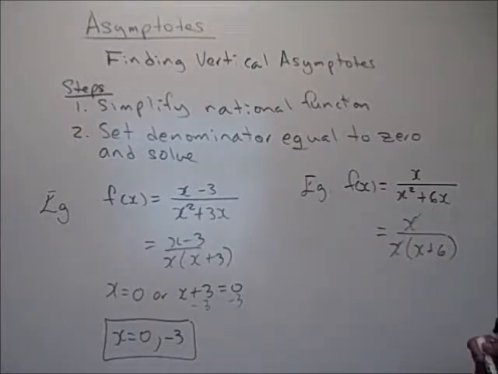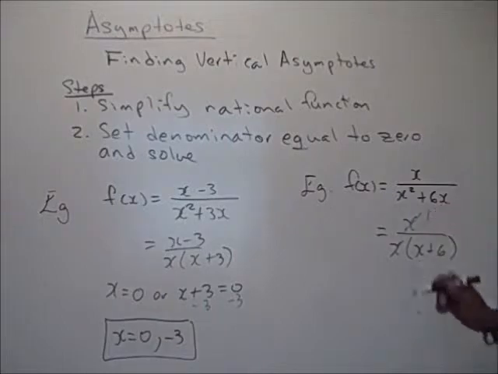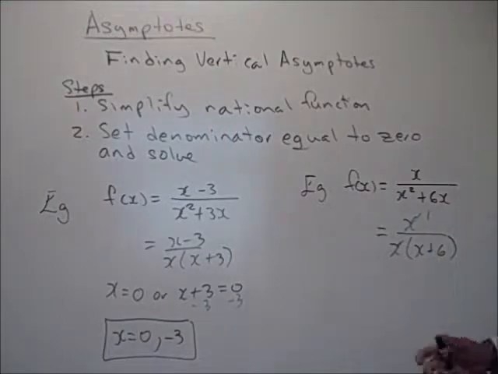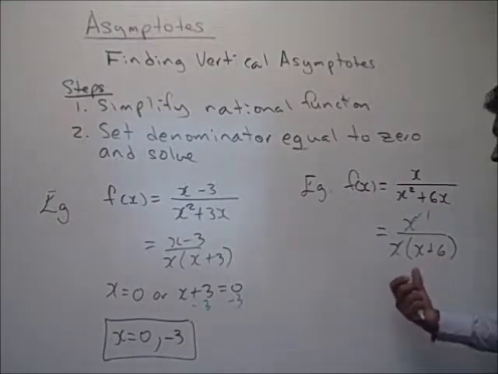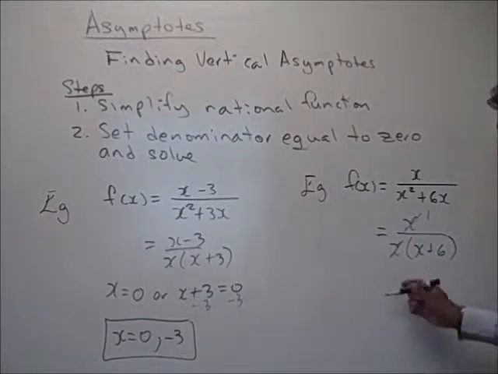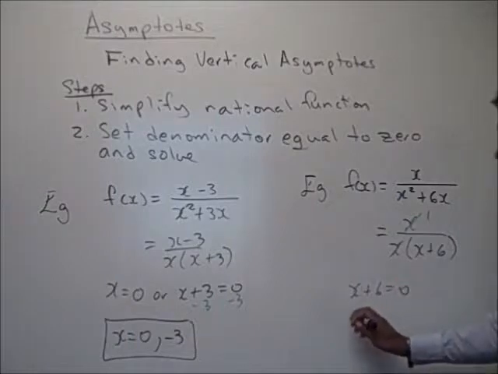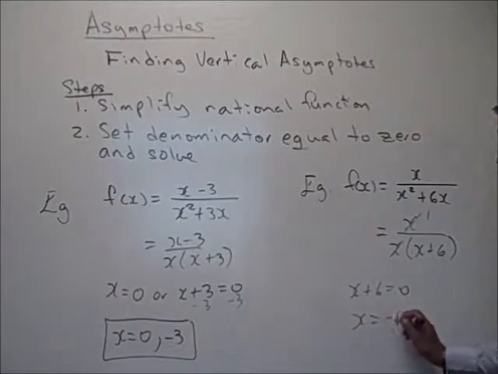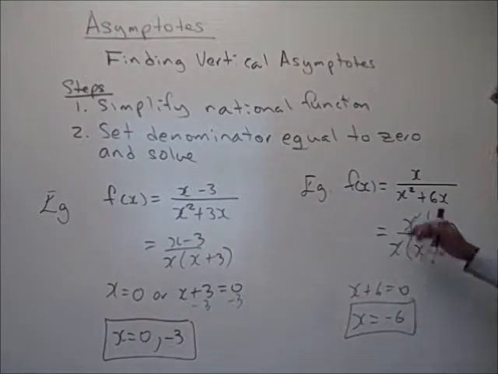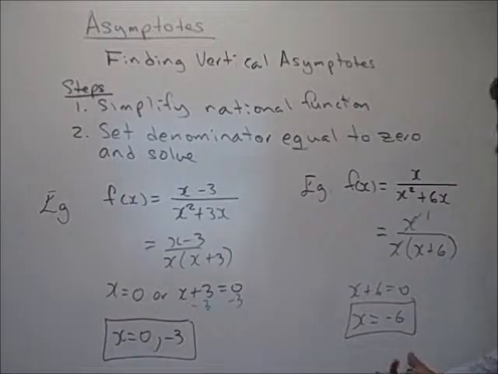We can cancel our x's, which leaves us with 1 over x plus 6. So our denominator in this problem is now only x plus 6. Setting our denominator equal to 0 and solving it, we have x is equal to negative 6. So for this rational function, we have one vertical asymptote where x is equal to negative 6.